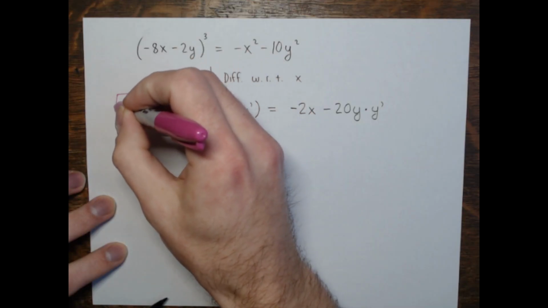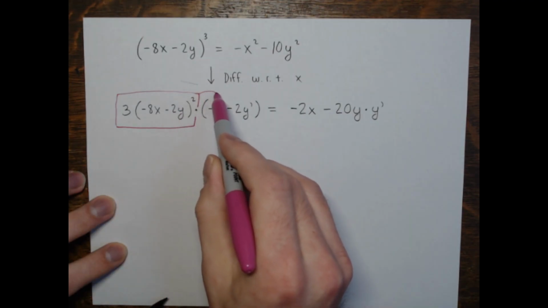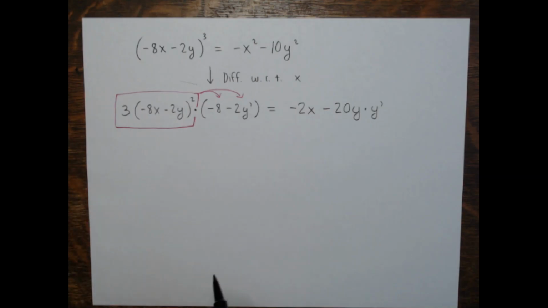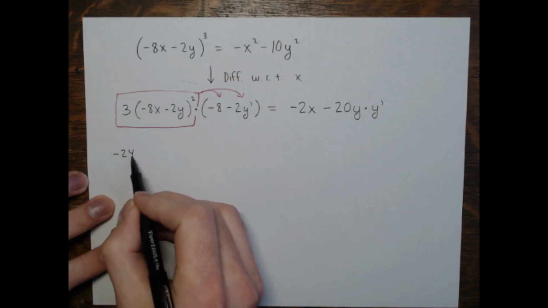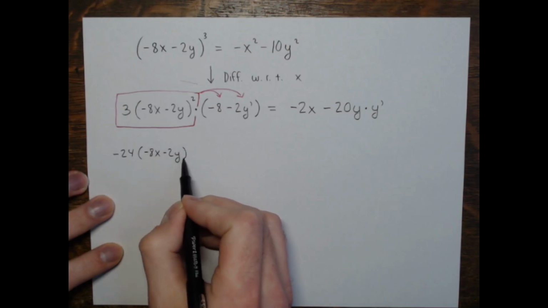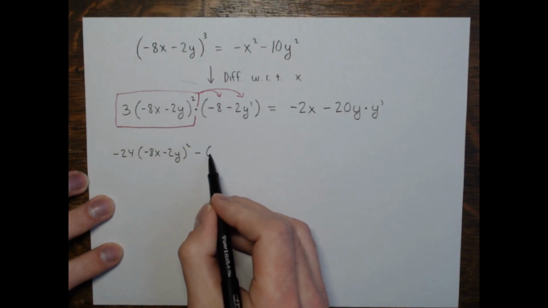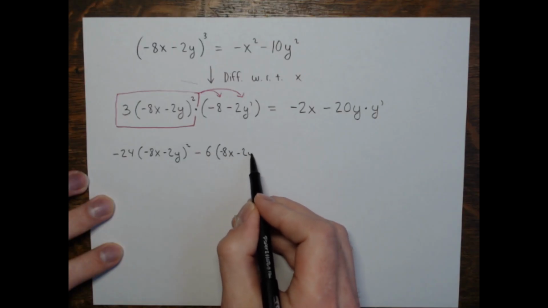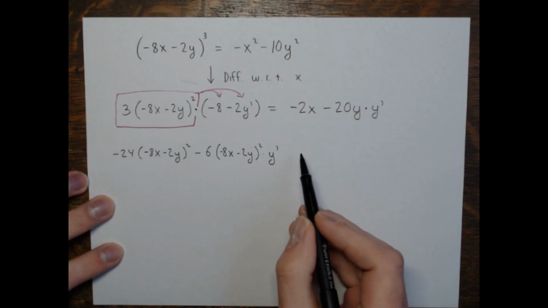Again, we have this set of parentheses around the y prime thing here. So this quantity out front, this 3 times this quantity squared, I'm going to distribute that to get rid of the parentheses around my expression with y prime involved. So that'll give me -24 times the quantity -8x minus 2y, squared, and then minus 6 times this -8x minus 2y squared quantity, times y prime.